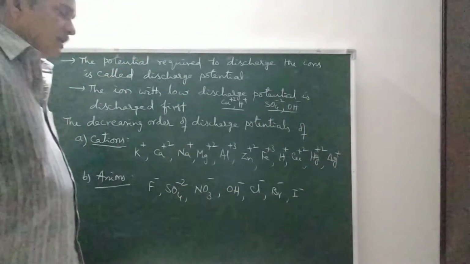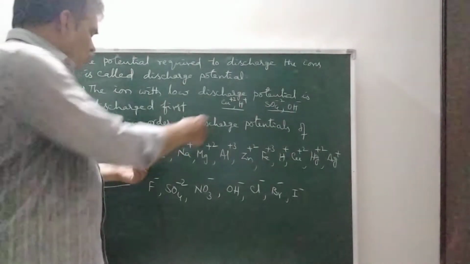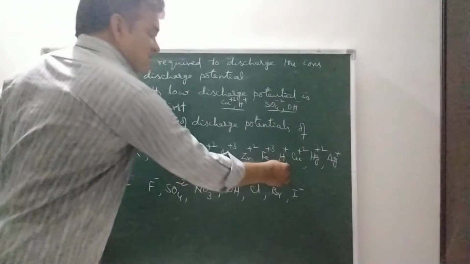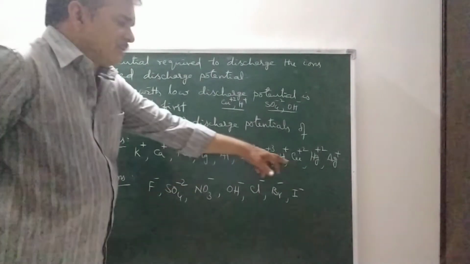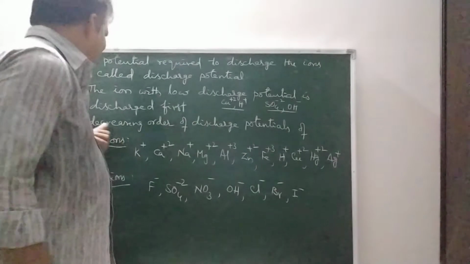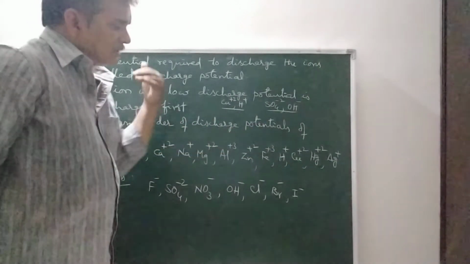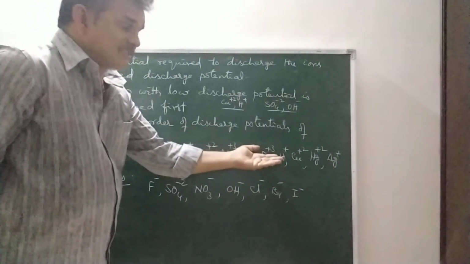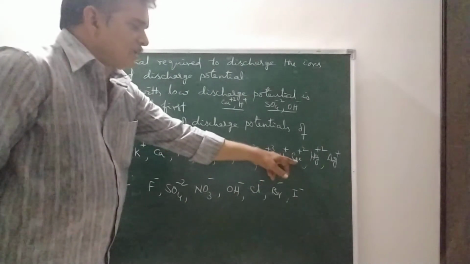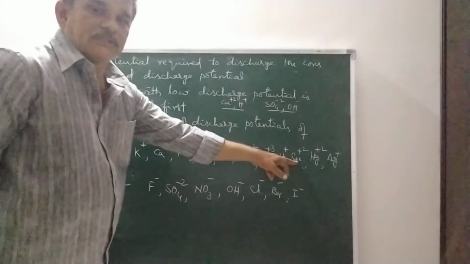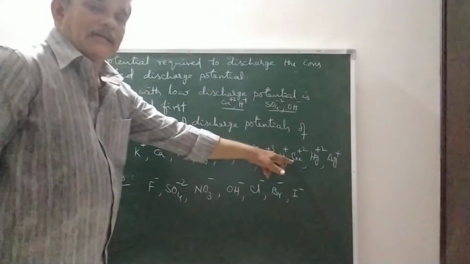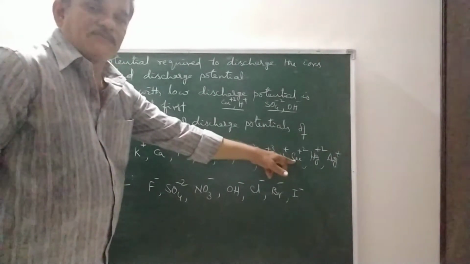Among the two cations, which one has the least discharge potential? Decreasing order means the ion on the right side will have low discharge potential. So Cu2+ ions have low discharge potential, so they are discharged. So at the cathode, copper is formed.